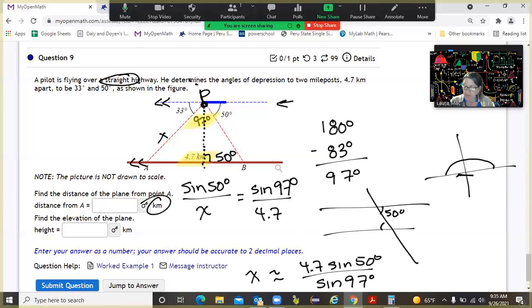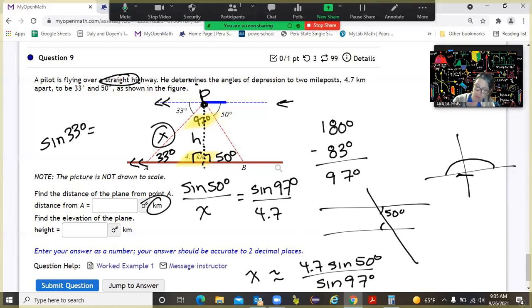So things might come out a little nicer there, right? With your opposite over hypotenuse kind of stuff going on. And actually, you just found x. So I might look at it this way instead. So this is 33 degrees. That's 90. You know x and you're trying to find this one. So you could use opposite over hypotenuse, right? So you could use sine of 33.